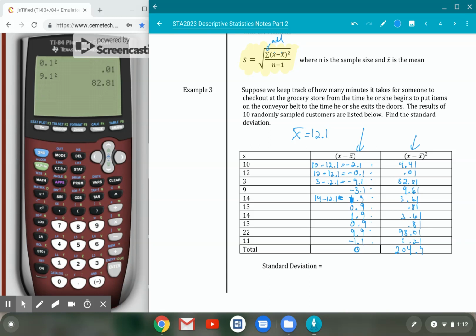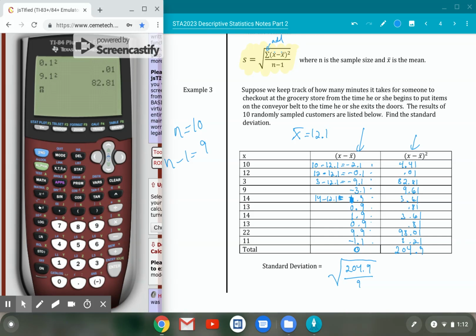It's 204.9. So my standard deviation is going to be the square root of 204.9 all over n minus 1. Well, n in this case, the sample size, is 10. So n minus 1 is equal to 9. So it's 204.9 divided by 9. And you can do this multiple ways. I'll just type this in all at once.